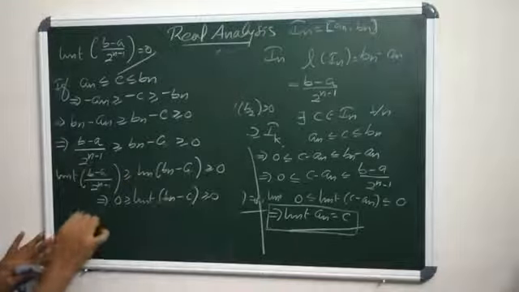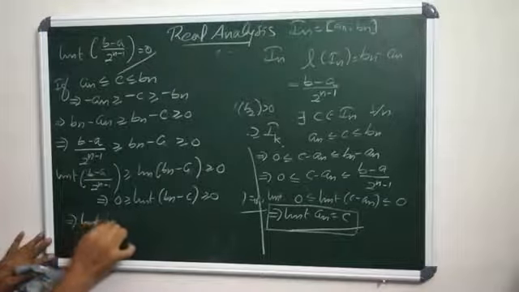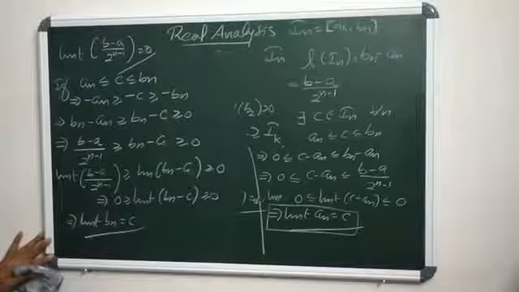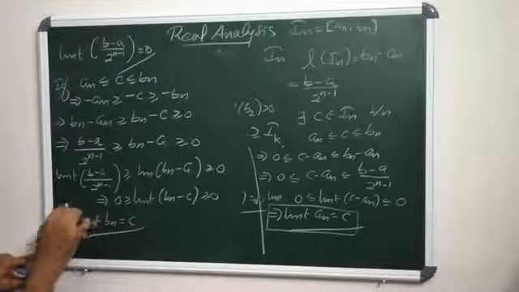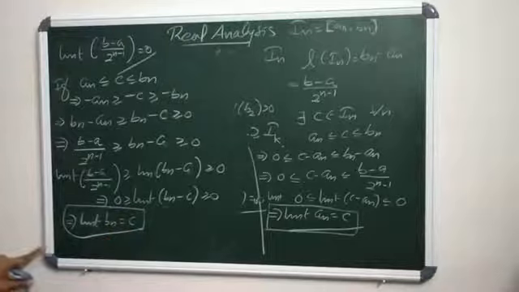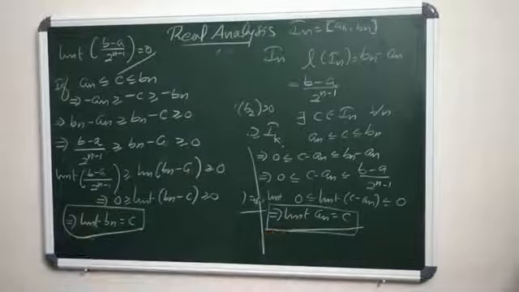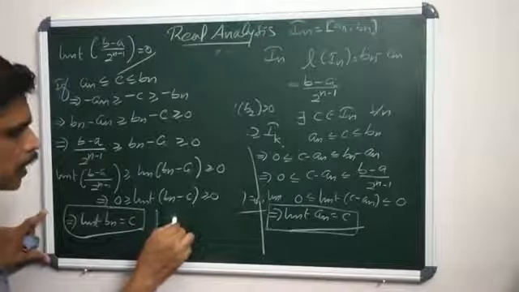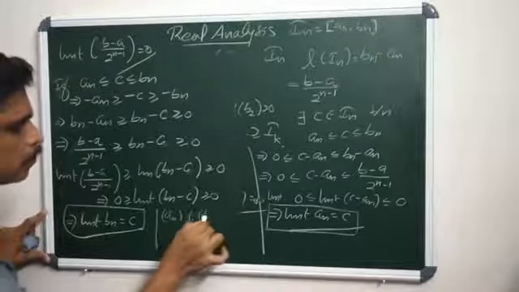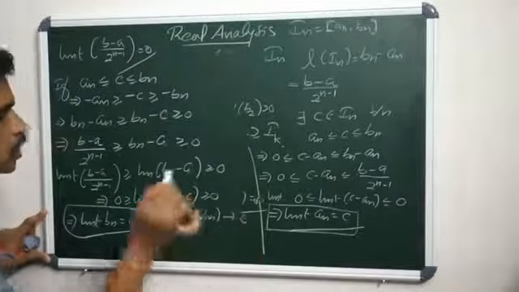So the limit of Bn minus C equals 0, that means the limit of Bn equals C. The second result is the limit of Bn equals C. We already have the limit of An equals C, so the sequences An and Bn converge to the same point C.